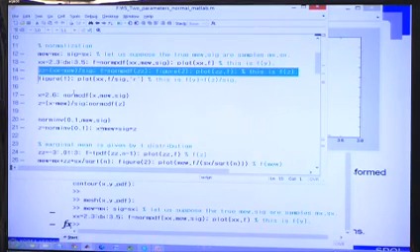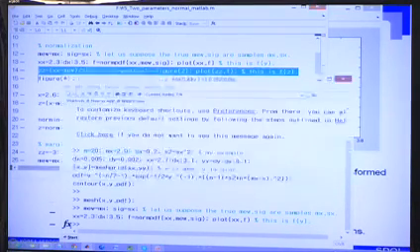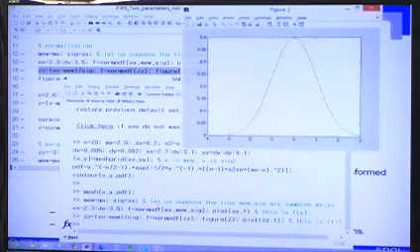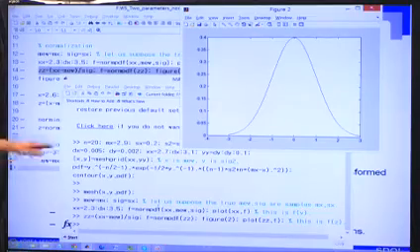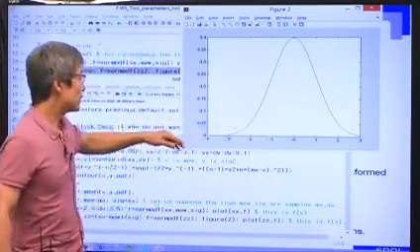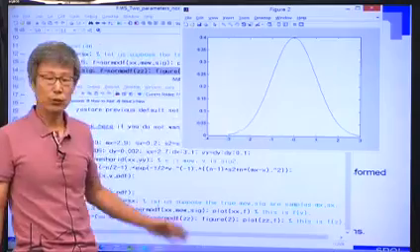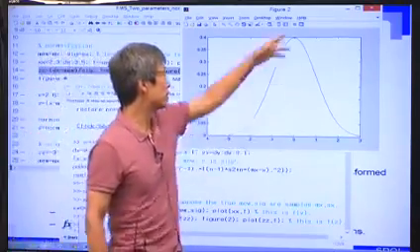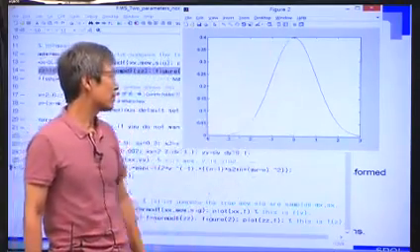And in the transformed domain, I can also draw the same PDF. But in this case, the variable is a standard variable, so normalized. And the mean is at 0, and the standard deviation is always 1.